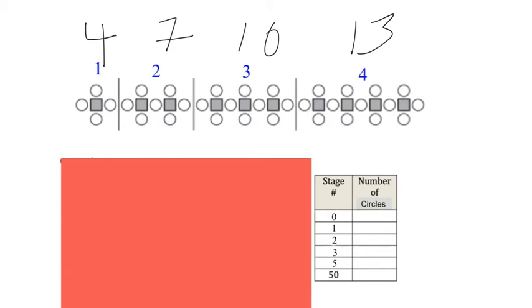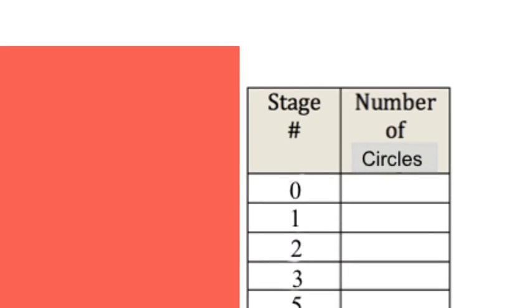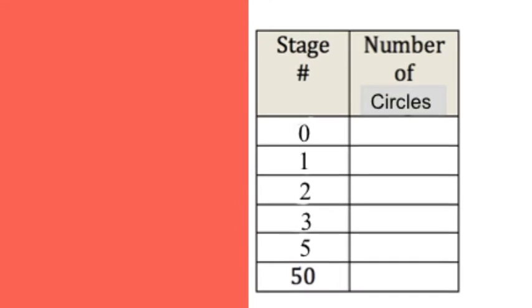So here we have a table, and in this case I've just gotten away from the idea of chairs and just gone back to circles, but I hope that you're okay with the idea that we can look at this and say, hey, wait a second, at stage 1 I had 4 circles, or chairs if you prefer. At stage 2 I had 7. At stage 3 I had 10. And stage 4 doesn't show up, right? Stage 4 doesn't show up. But stage 4 had 13.